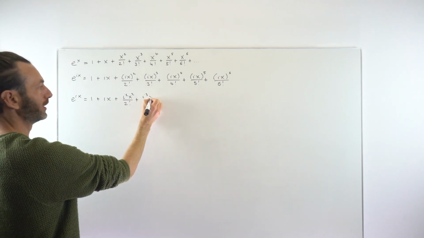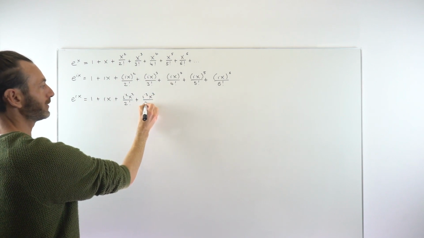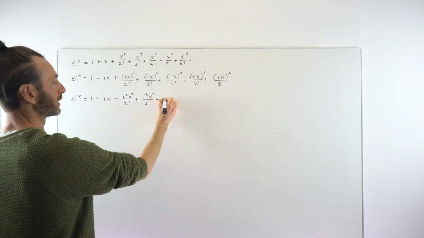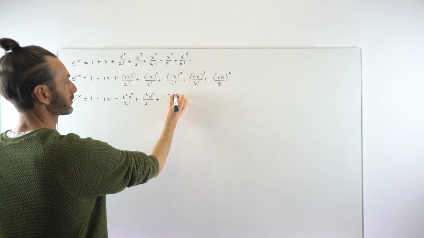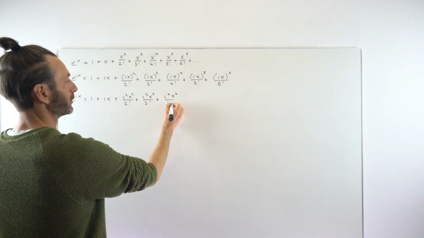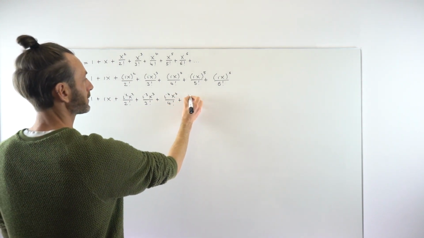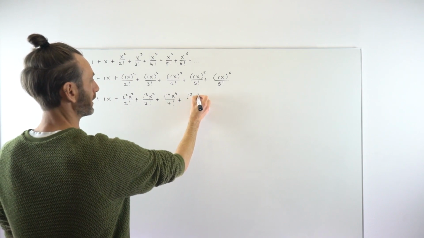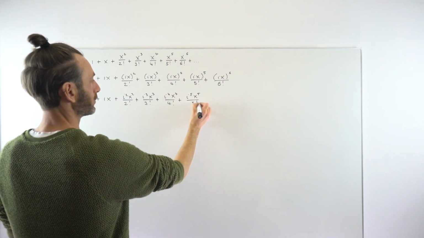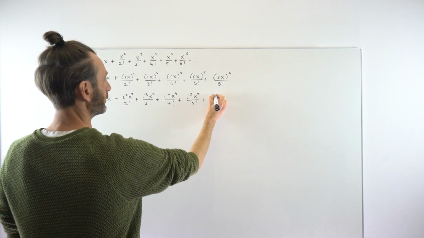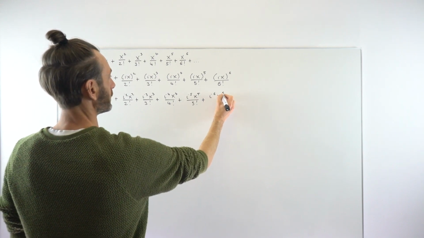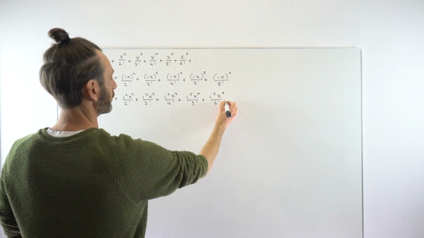So i cubed x cubed over 3 factorial plus i to the 4, x to the 4 over 4 factorial, and so on. A little bit monotonous at this point, but we've got to be careful, we don't want to make mistakes here. Then again we'll do one more, so it'll be i to the 6, x to the 6 over 6 factorial.